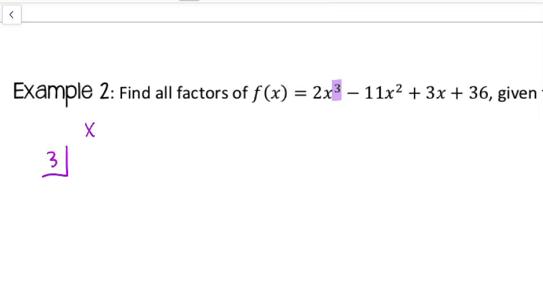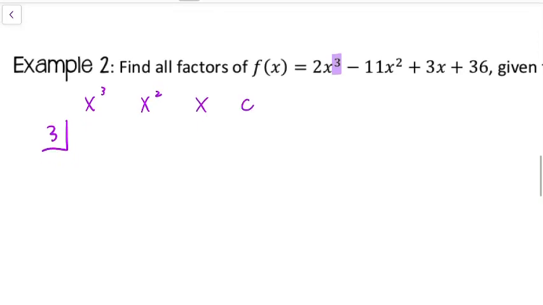So then we'll go, okay, x to the third, x to the second, x to the first, and our constant. They won't all be cubic polynomials. We just usually start with that. And then we put in our coefficients. So 2x cubed, -11x squared, +3x, and a constant of 36. We didn't need any zeros this time.